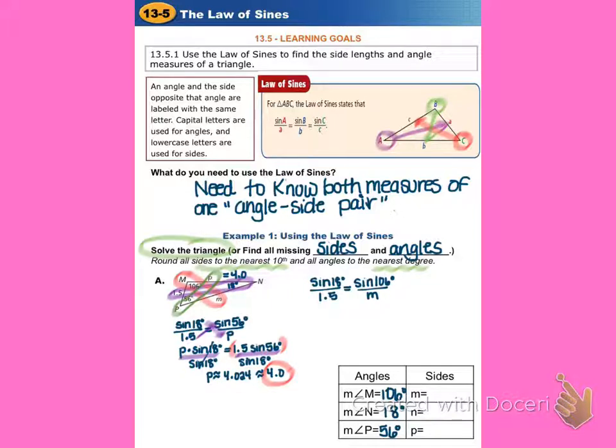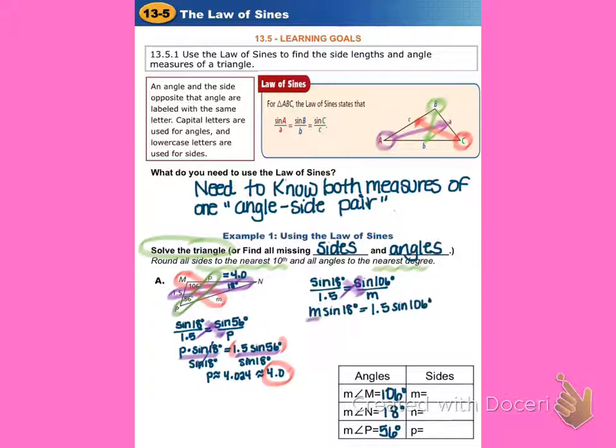Just perform the cross products, and I'll be multiplying m by the sine of 18 degrees, and that's going to equal 1.5 times the sine of 106 degrees.